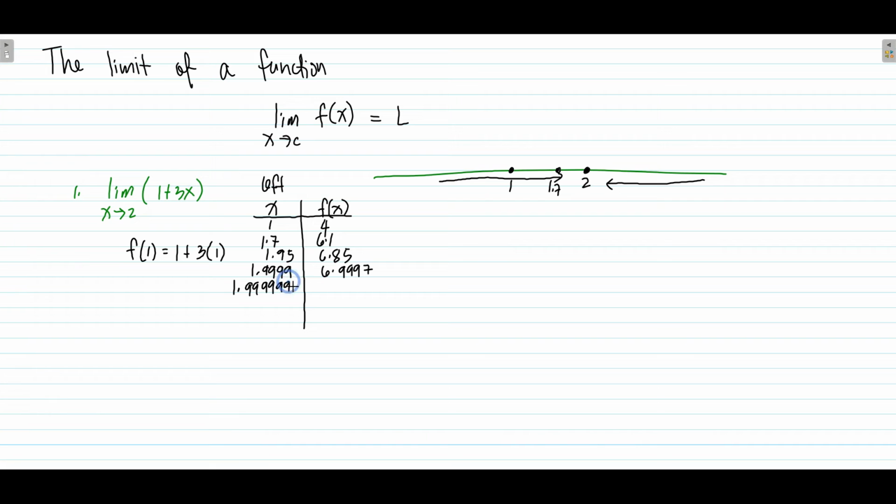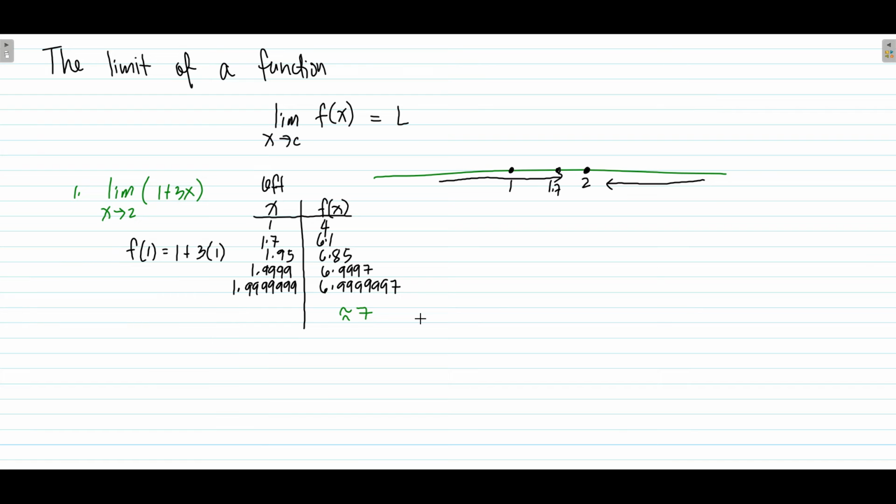With that many decimal places, we get roughly 7. So ito na yung pwede natin pinakamalapit na value of x that approaches 2 coming from the left. So ang limit natin na pwede makuha roughly is magiging 7. That is coming from the left.